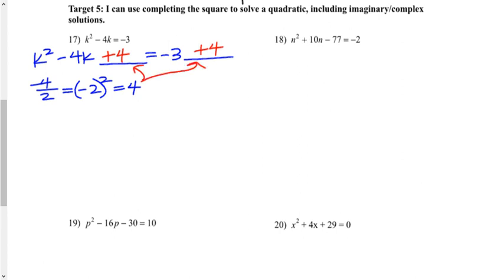So now my new thing is k squared minus 4k plus 4, and then I have negative 3 plus 4 on the right. My left side is actually going to turn into a binomial squared, and my right side is just going to be 1, negative 3 plus 4.